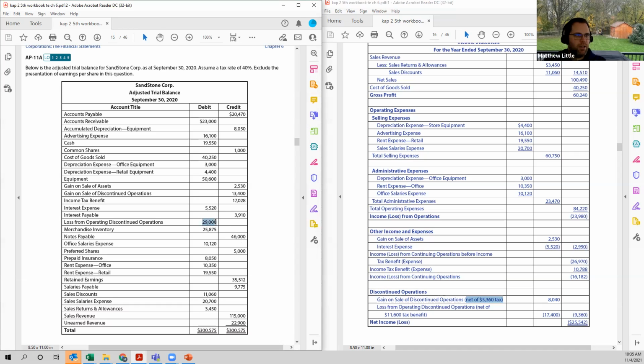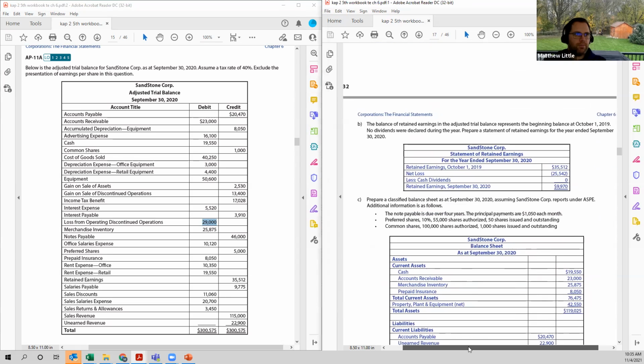So the loss was 29, less 40%, being 11,600 in income tax you'll get back. So therefore, our net income or loss, including all operations, discontinued or not, is a loss of $25,542.